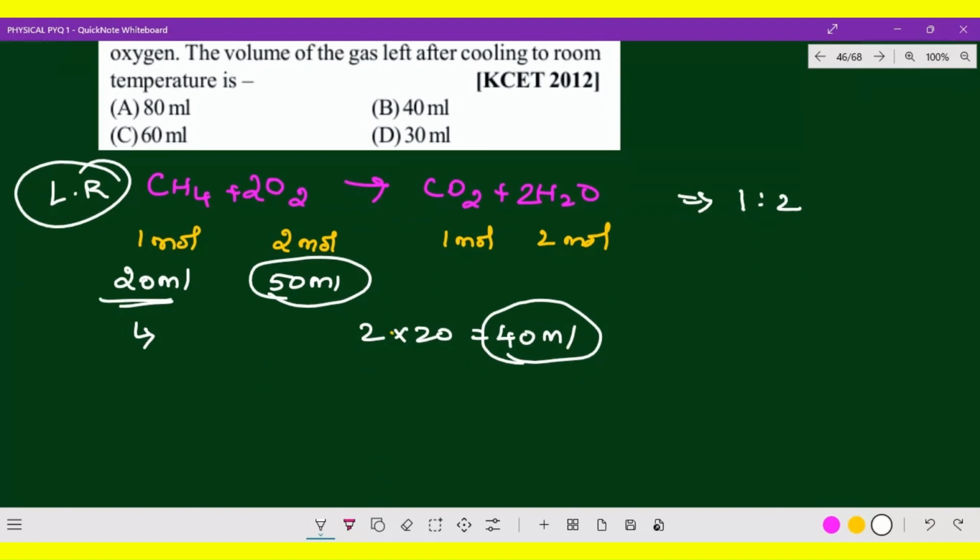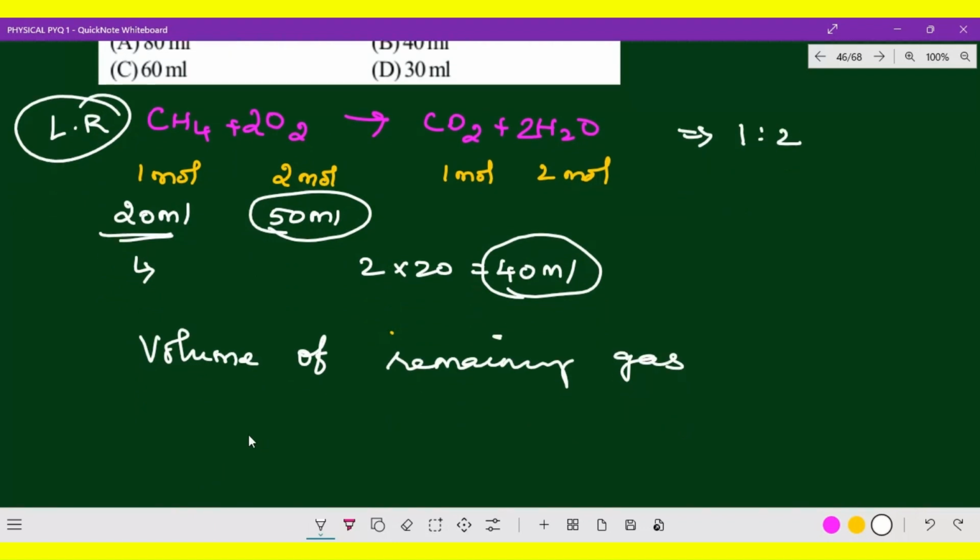Now the volume of the remaining gas. We have to identify the volume of gas left after cooling. The initial volume of oxygen is 50 ml, and 40 ml is consumed.